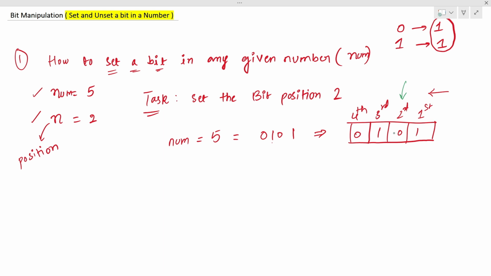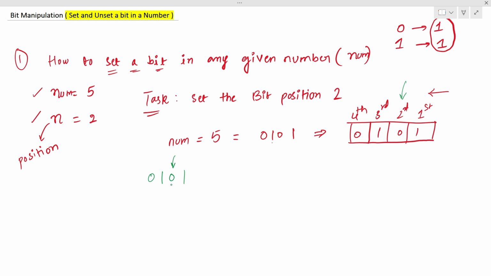But what can we actually do to set that bit? Is there any algorithm to do this? So let's try it. Now this is our number, 0 1 0 1, and this is an important thing because we need to set that bit. You might be getting one simple clue here.